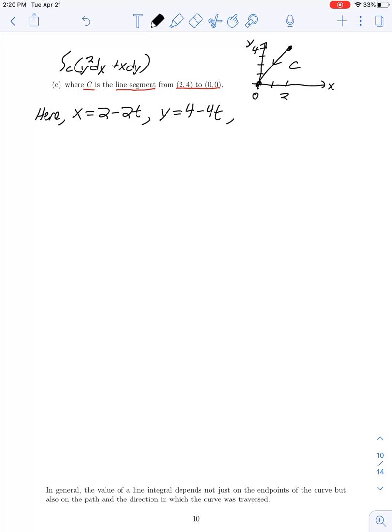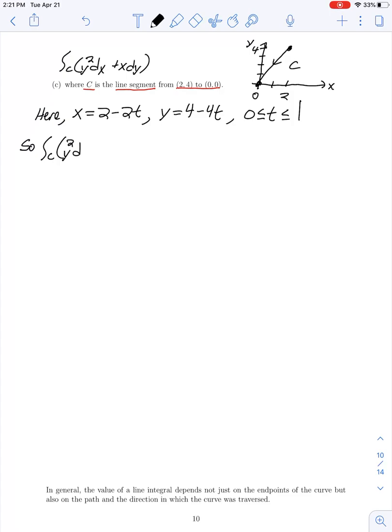And here we were moving from the point (2, 4), which would correspond to a parameter value t equals 0, to the point (0, 0), which would correspond to a t value of 1. So let's see if we can set up our integral in terms of t for this desired line integral.